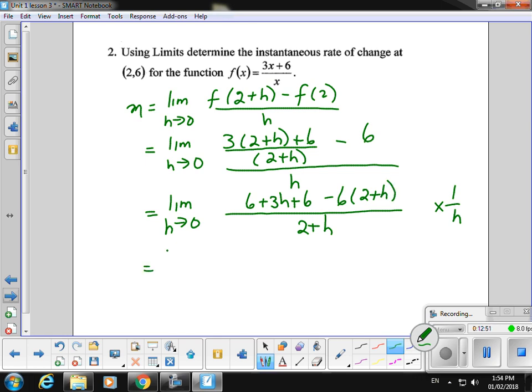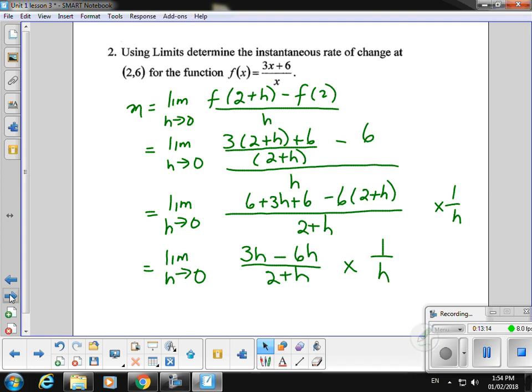Okay. Tidying up. I have 6 plus 6, take away 6 times 2 is 12, gone. I have 3h. Subtract 6h over 2 plus h, all times 1 over h. Okay, so that and that and that are gone.